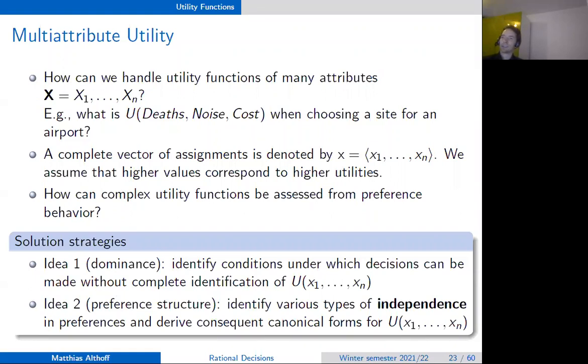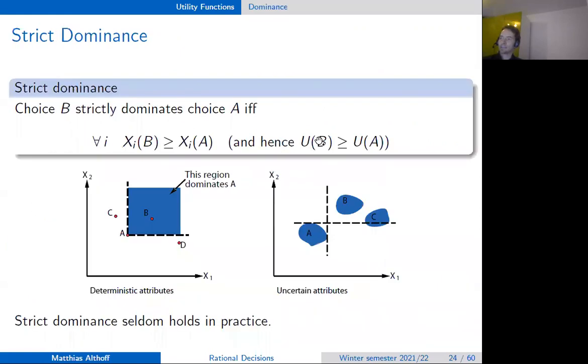Good, so let's talk first about dominance, the easy case. As I said, dominance means that one solution is better compared to the other in every respect. And we assume now that higher values mean better utility. If that's not the case, you can just multiply the attributes with -1.